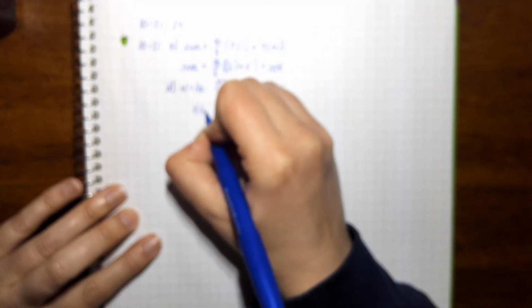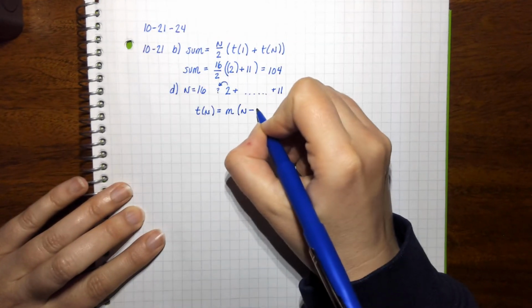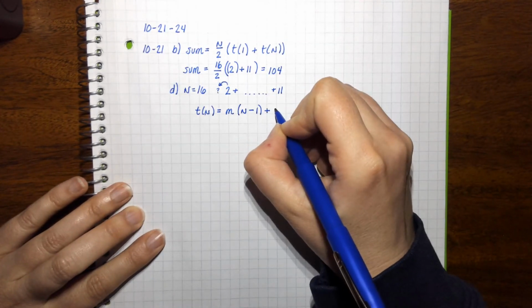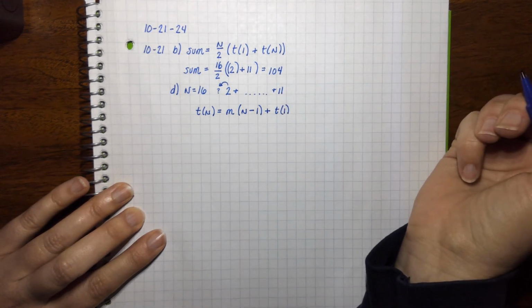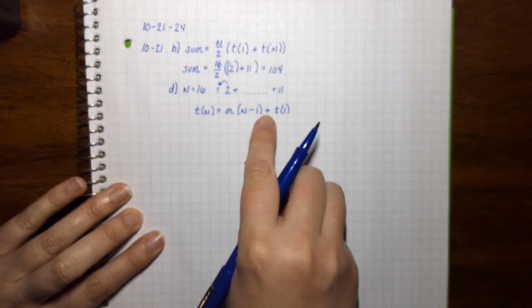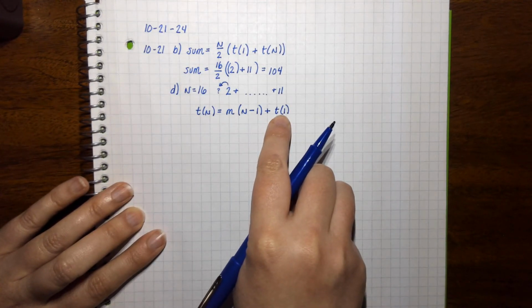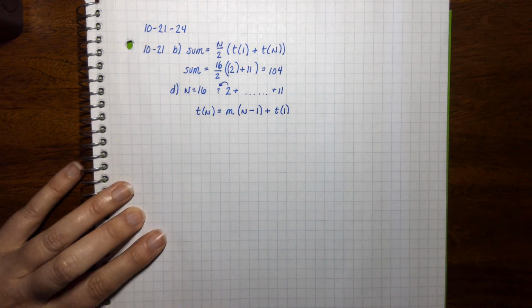So t of n equals growth, which we're going to just call m for slope, times n minus 1 plus the first term, which is t of 1. Okay, and remember this is equivalent to growth times n plus 0th term, which would be t of 0, but we don't have that, so we're going to go with t of 1.